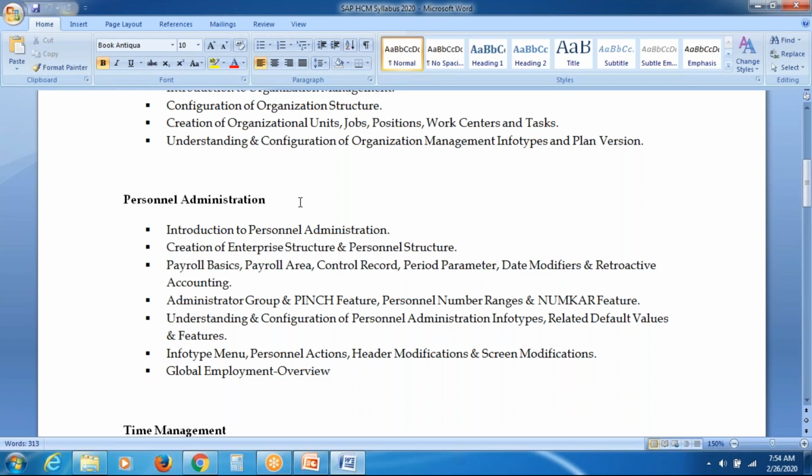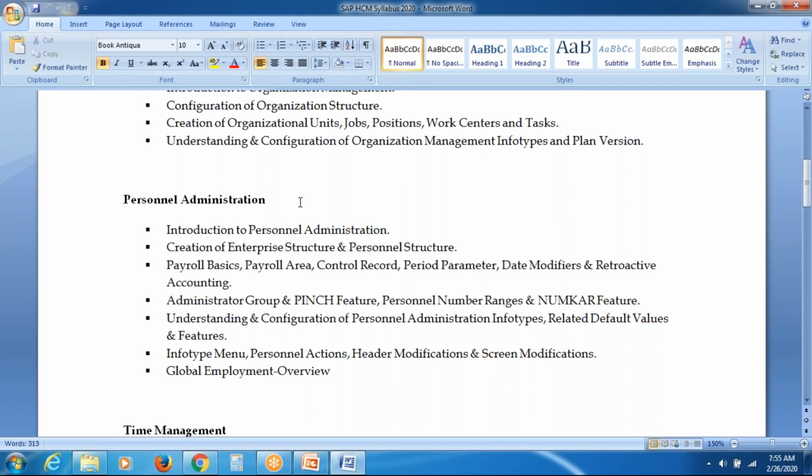Or if there is a change in the work schedule of the employee, or whenever a new employee joins the company after finishing the recruitment process, taking care of the hiring formalities and collecting the employee master data. Master data in the sense, what exactly is the first name, middle name, last name of the employee, what is the date of birth, what is the unique country specific identification number.